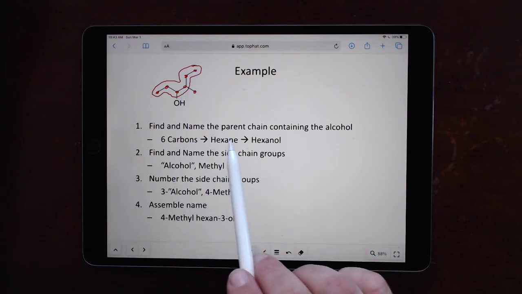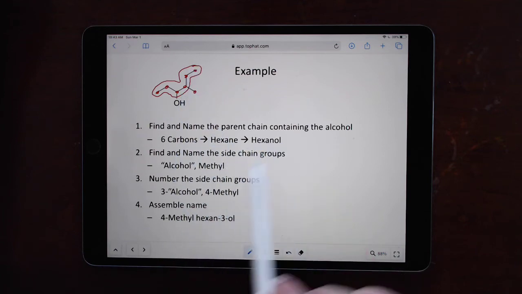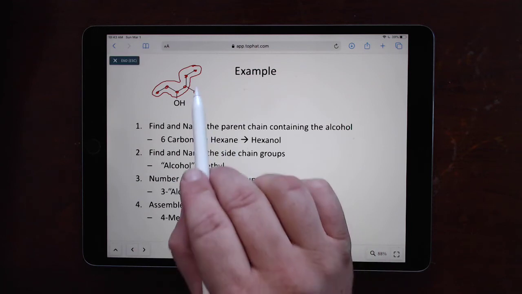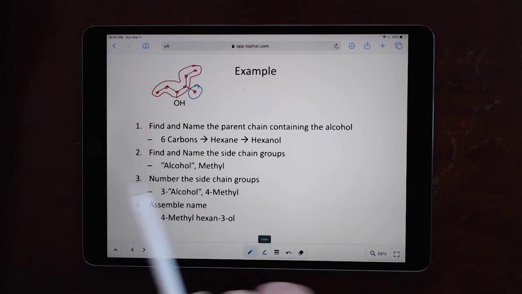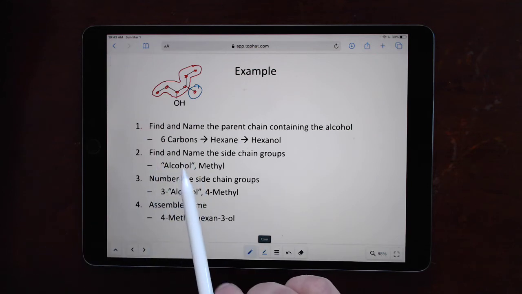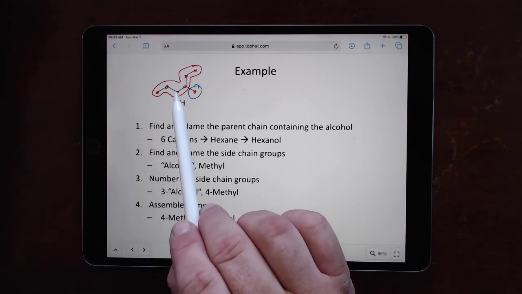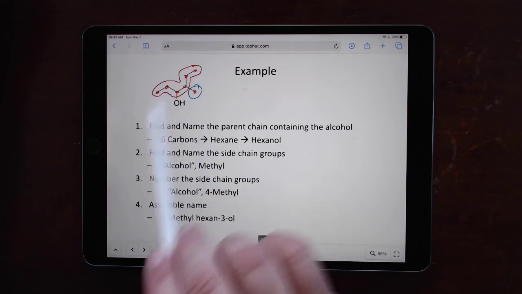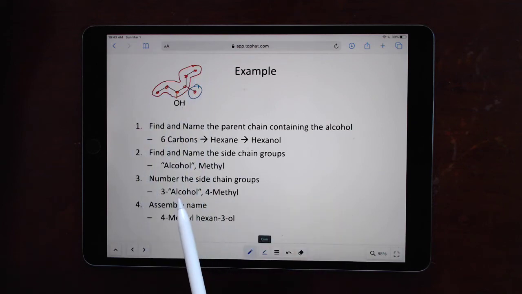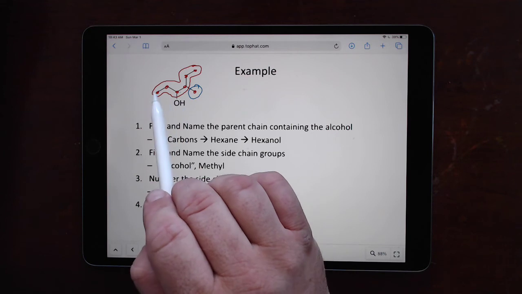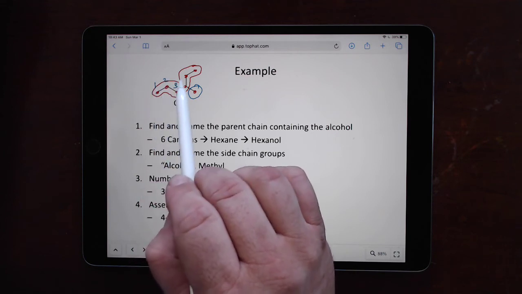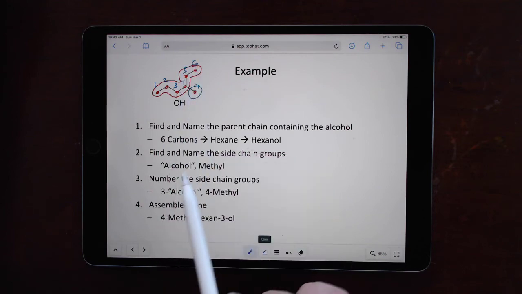So hexane becomes hexanol. Now for a side chain, we've got that methyl group there. We're going to include the alcohol in there in quotes because we need to figure out, is it hanging off here, here, here, here? Where is it hanging out? Okay. So for this one, the end closest to the alcohol, in this case, would be this one, right? 1, 2, 3, 4, 5, 6.